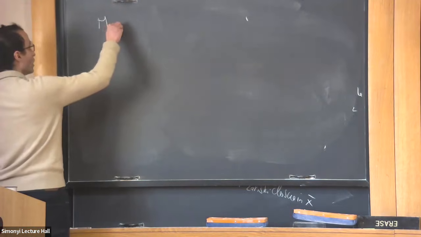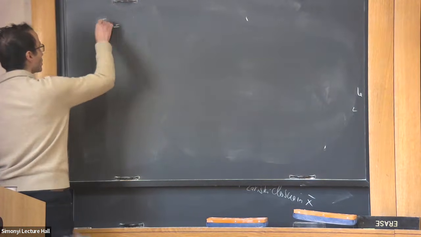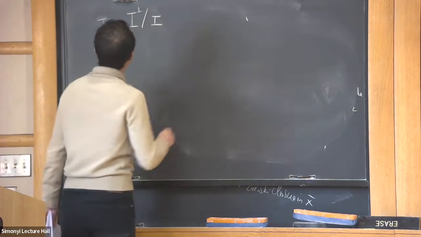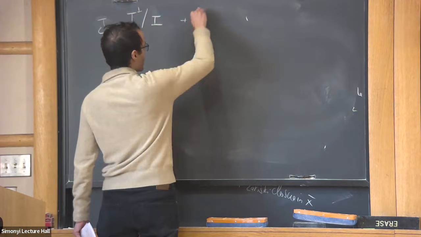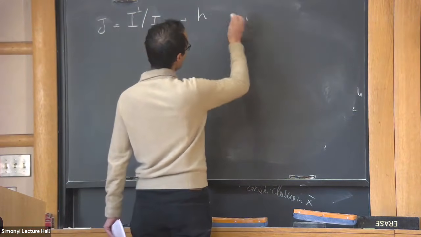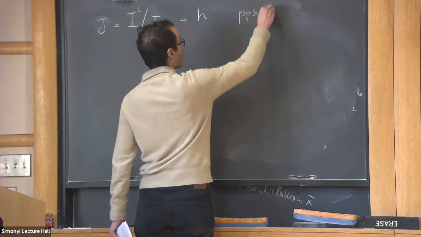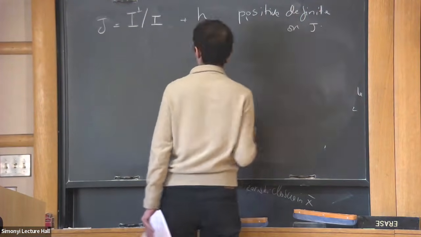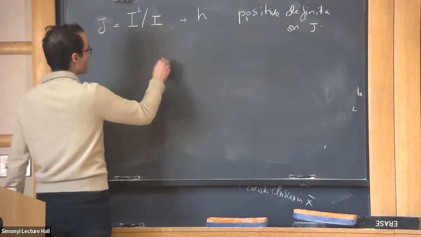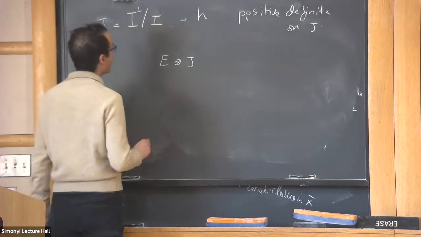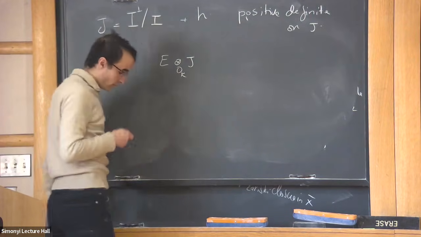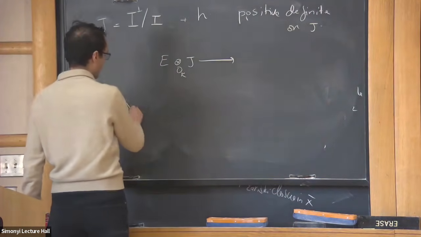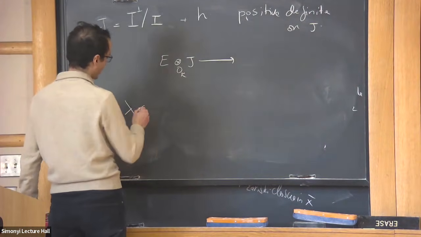First I will call J the quotient I-perp mod I. Now with this pairing H, like they have from the beginning, H becomes positive definite on J. So this boundary component BI becomes I tensored with J over OK. Now the cycles Zm that intersect the boundary will be parameterized by elements, in codimension 1 at least.